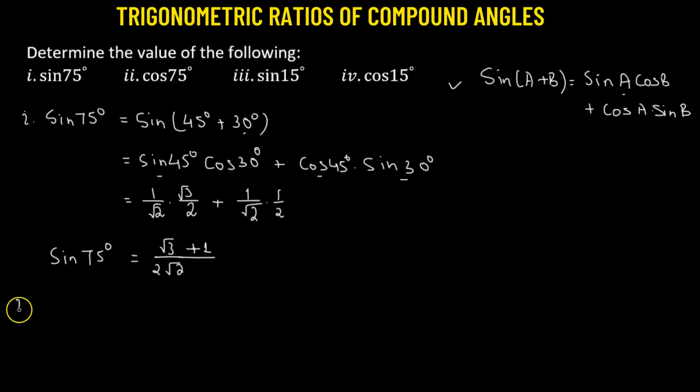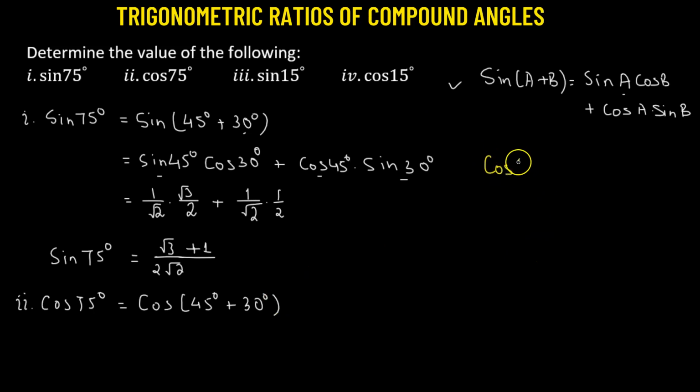Next, we move on to cosine 75 degrees. Using the same method, we can break down 75 degrees into 45 degrees plus 30 degrees. Now here, we will have to apply the formula. Let's note it down.